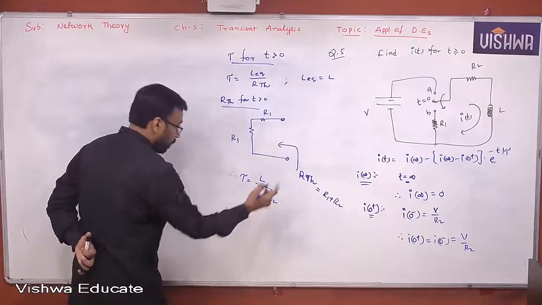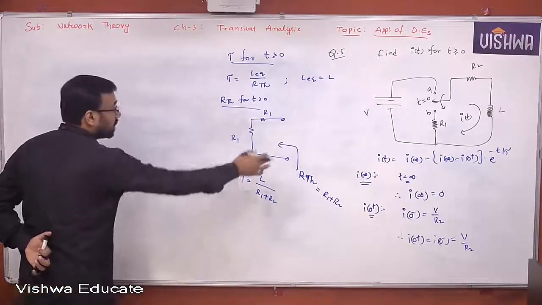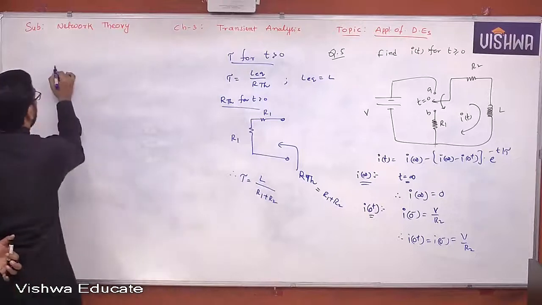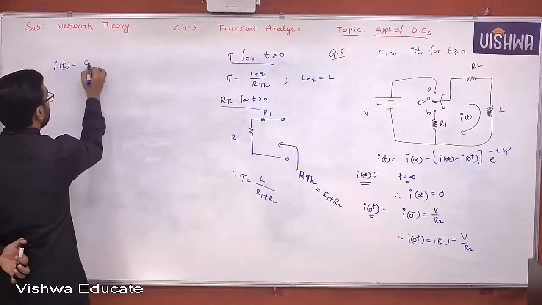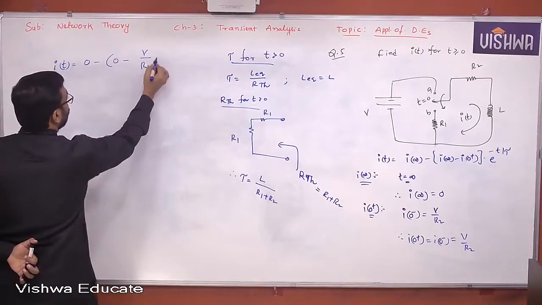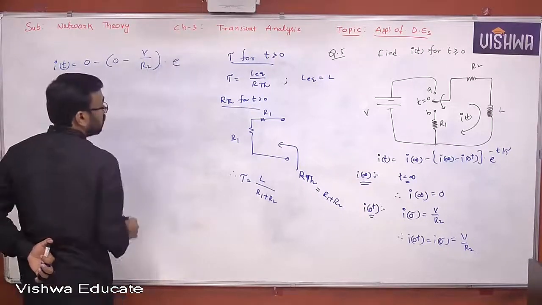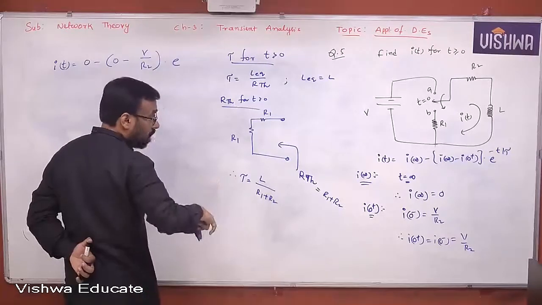Therefore, now if you substitute all these things in that particular formula, I of t is equal to, what is I of infinity? 0 minus V by R2 into e power minus t by tau. Tau means denominator, right?